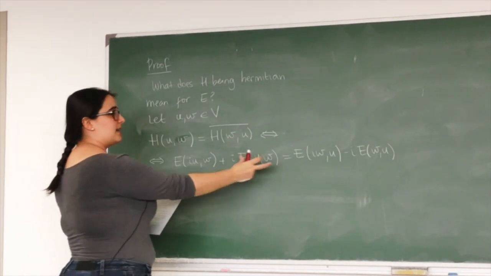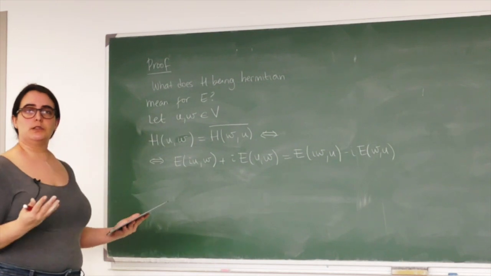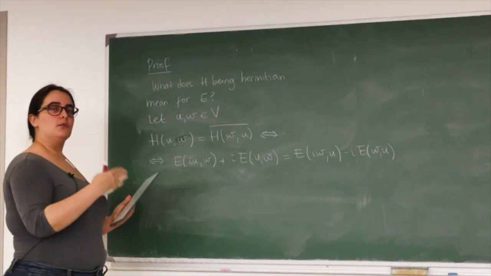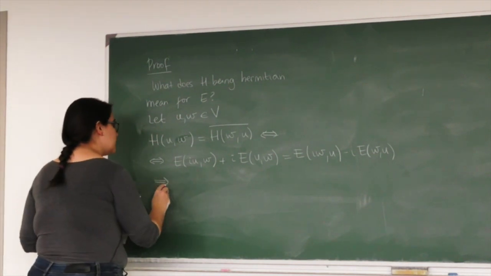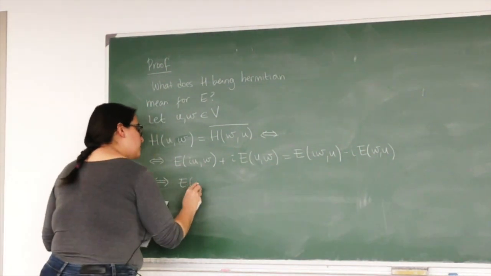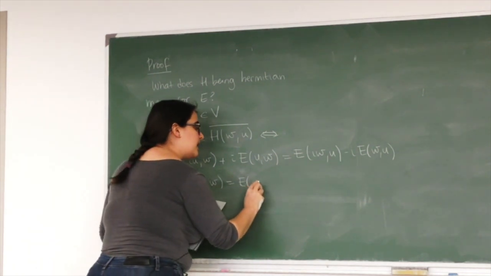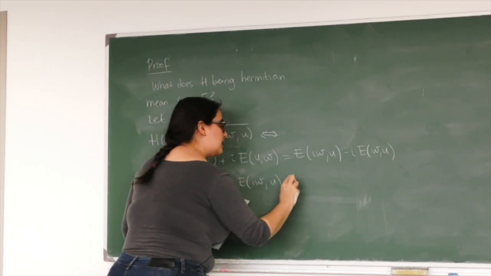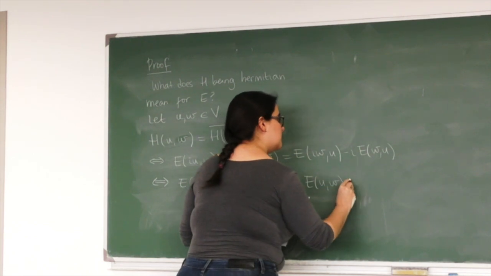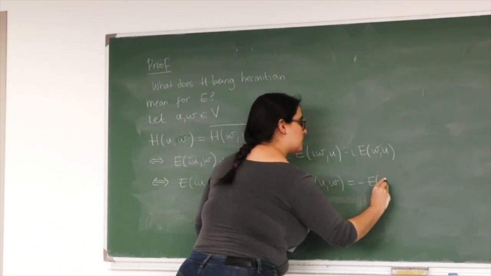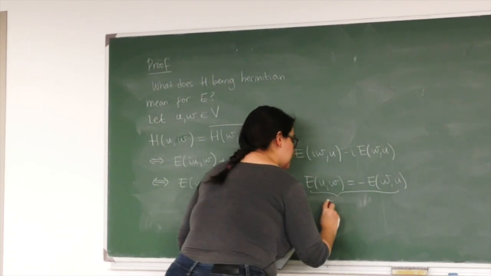So when we write it like this, this is really real, this is really real. So this equality is an equality of complex numbers. So we have real part equals real part, imaginary part equals imaginary part. So we have E of I U, W equal to E of I W, U. And E of U, W equal to minus E of W, U. This is exactly what it means that E is antisymmetric.